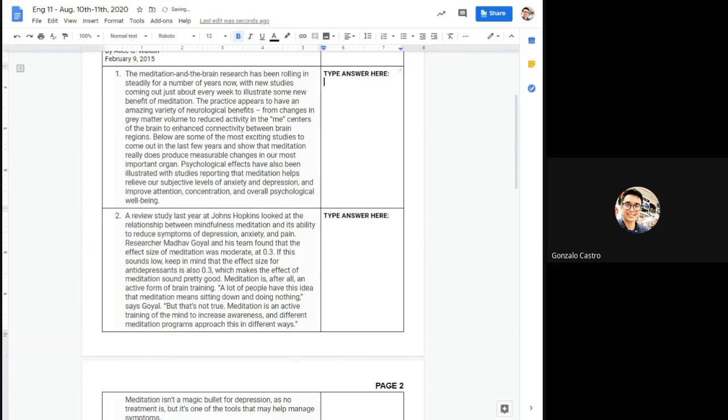So let's go ahead and write that down as the main idea sentence. Meditation has been shown to cause changes and benefits to the brain.